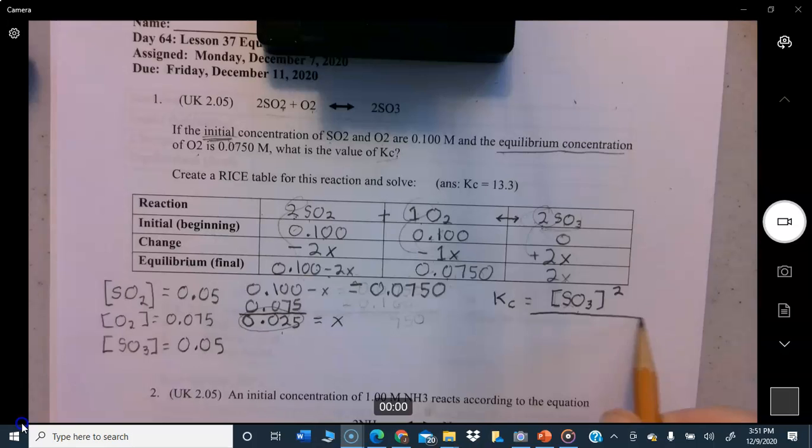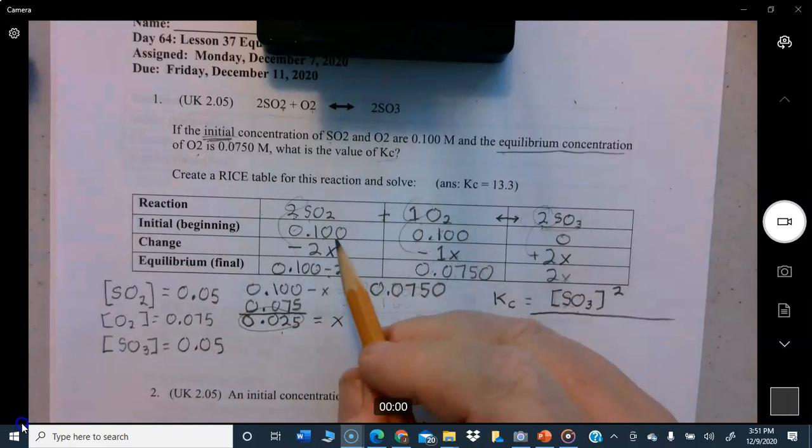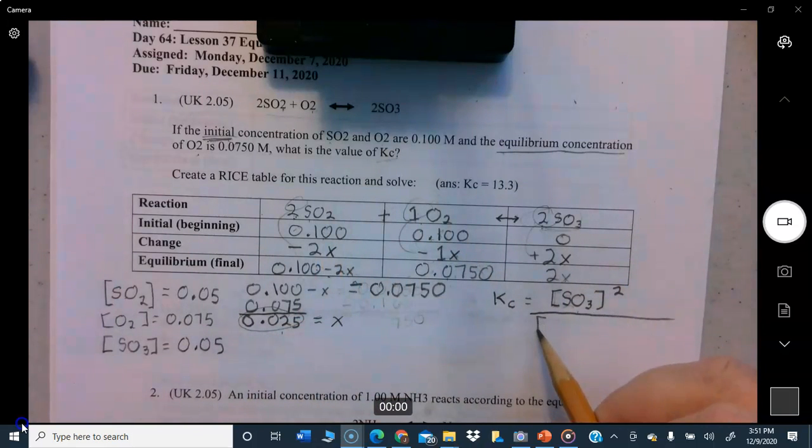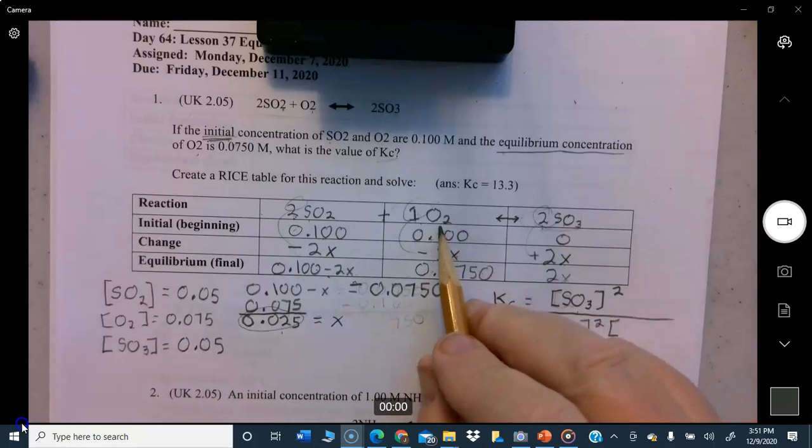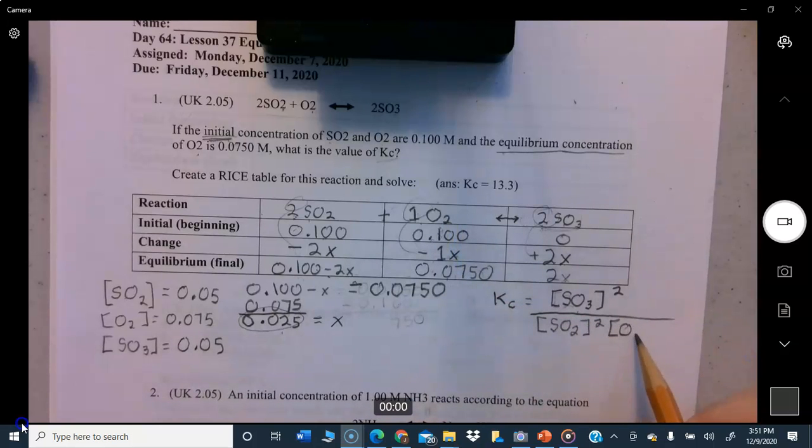On the bottom we have the reactants. So it's 2SO2, so that's going to be SO2 raised to the second power, and the concentration of O2 raised to the first power. Okay, there you go. Now, you already know these numbers, these concentrations, they're right there.